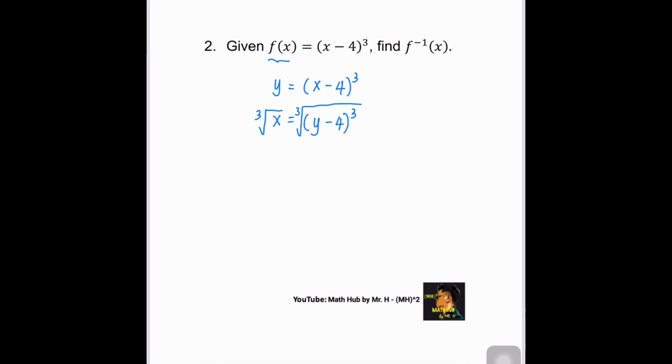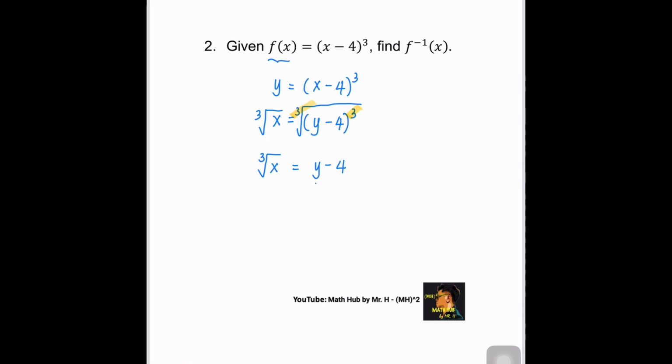Remember, you are dealing with an equation, so whatever you do on the left, you should also do on the right. So on the left hand side we rewrite cube root of x equals, and the power of 3 will be gone, and we will be left with y minus 4.